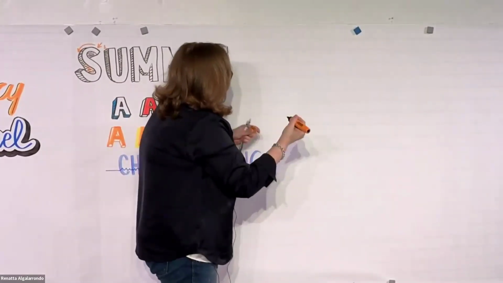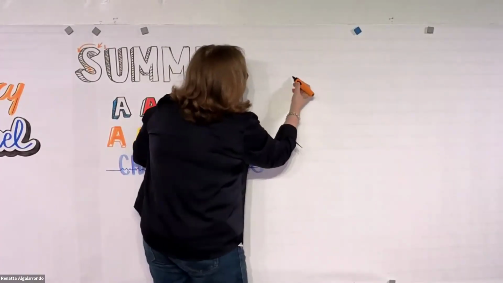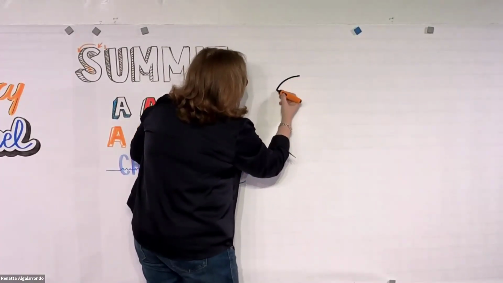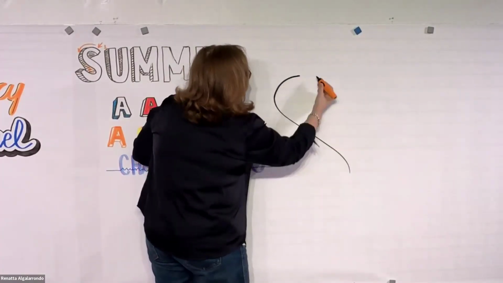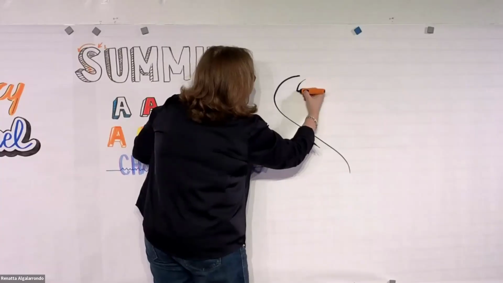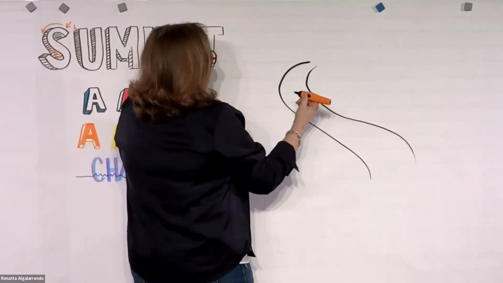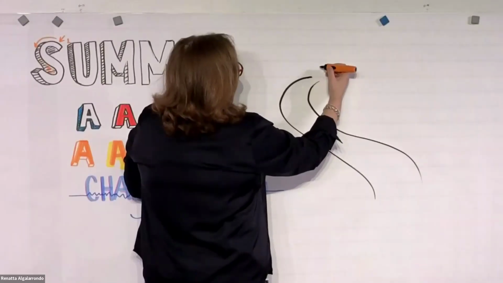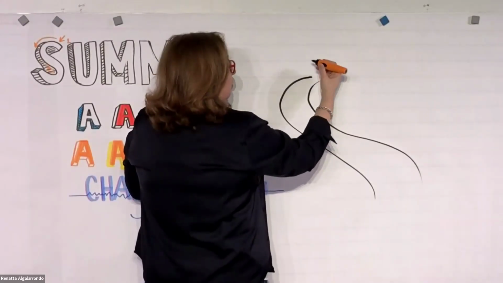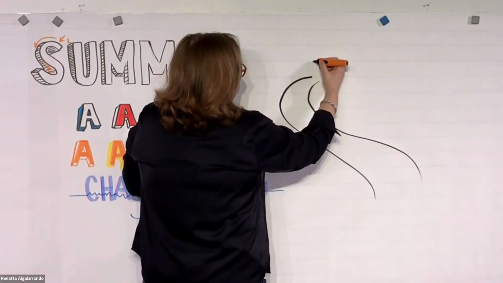So let's start with two curved lines that will become a pathway of some sort. Now we're going to draw a door on the top.